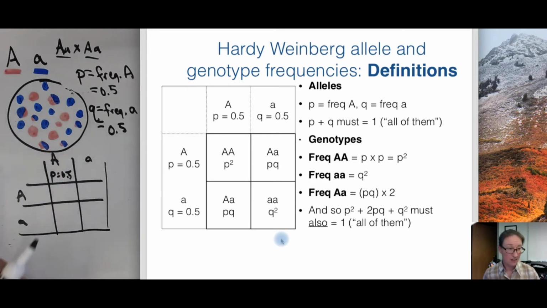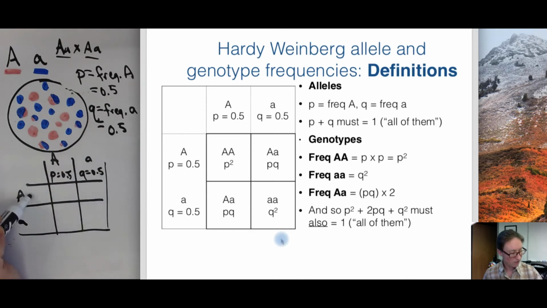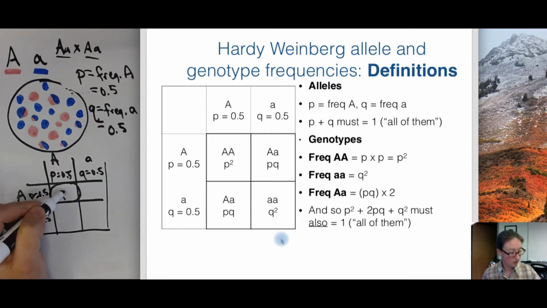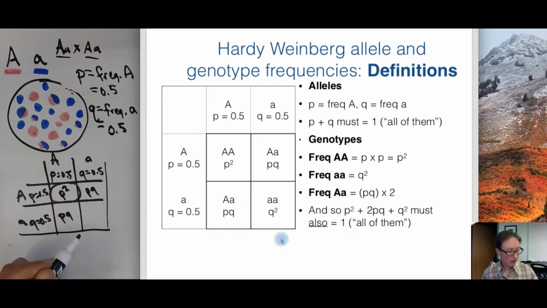And then the other 50% are the little a allele, so that's Q, also equal to 0.5. So then if we wanted to figure out the genotype frequencies in the population, this is going to be P times P, or P squared. Each of these is going to be PQ, and then we're also going to wind up with Q squared.